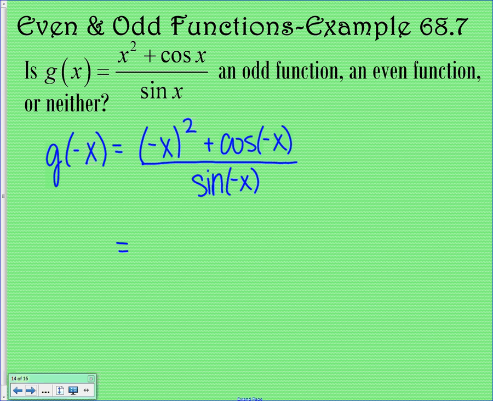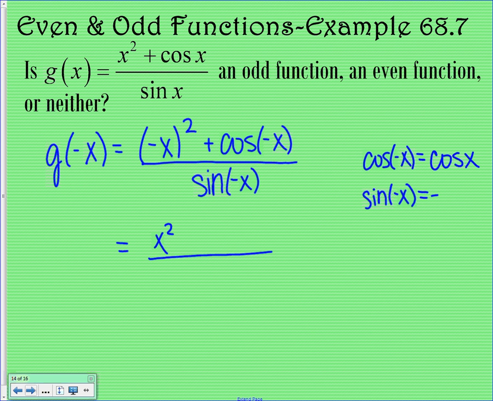So we know that negative x squared is just x squared. The other two parts are again using those trig parts that we learned at the beginning of the year. So cosine of negative x is just cosine of x. Remember, cosine and secant are the two that when you have a negative for the angle, the negative can just go away and you're just left with the cosine of the positive angle.